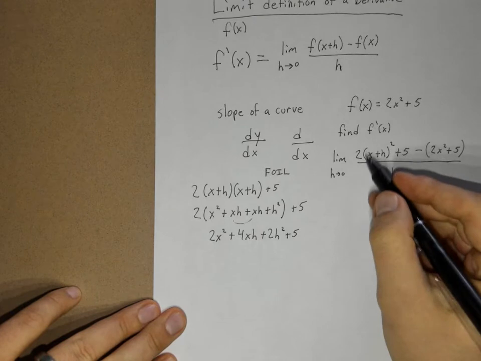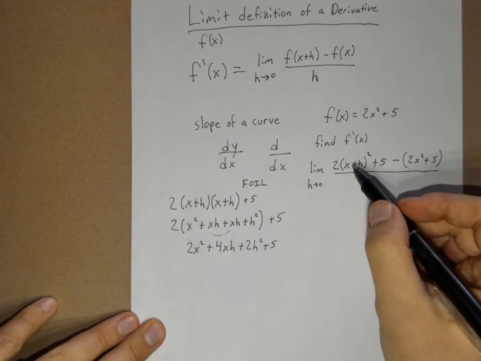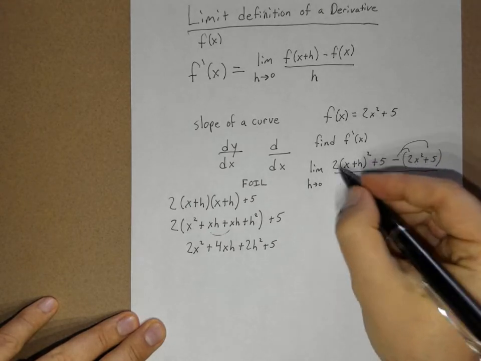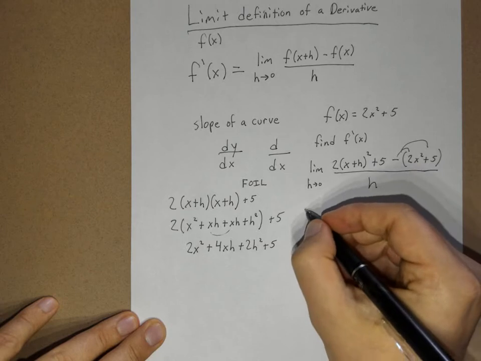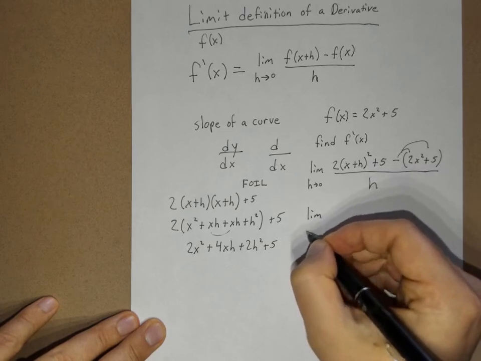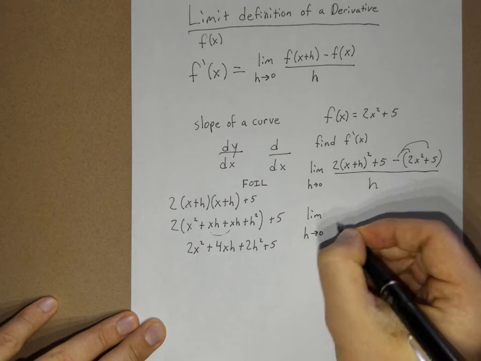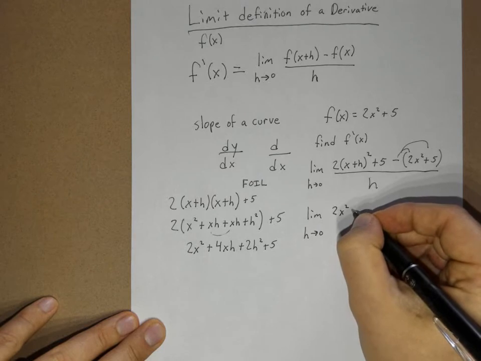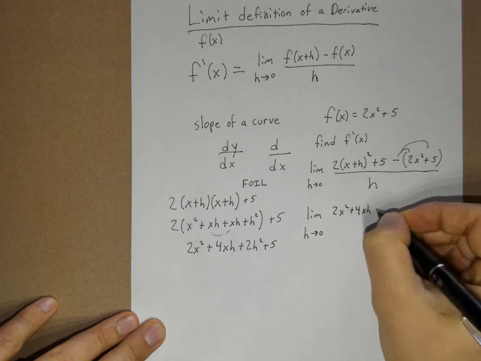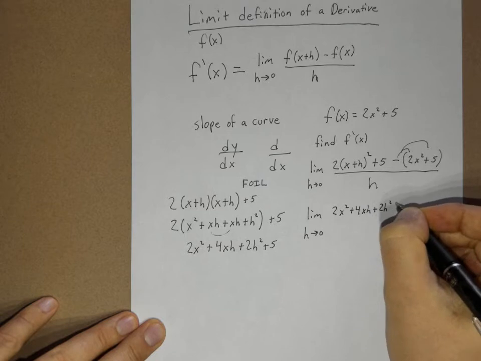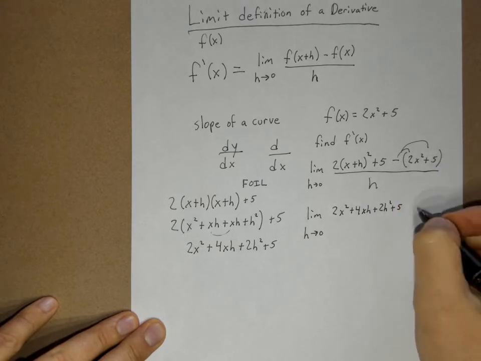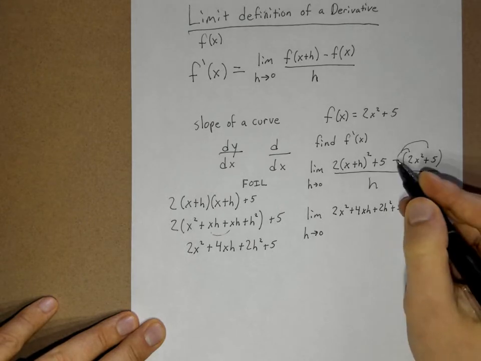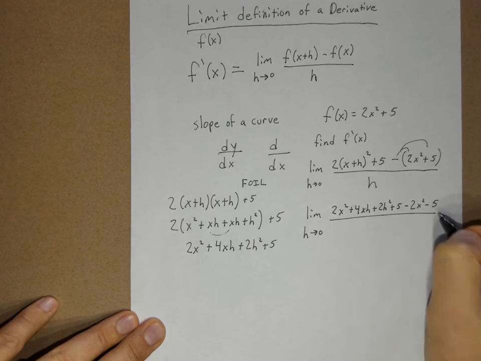Going back to the limit, I can distribute the subtraction sign, so we can rewrite this as the limit as h approaches 0 of 2x squared plus 4xh plus 2h squared plus 5, minus 2x squared and then minus 5 because of the distributing of that subtraction sign. And this is all still divided by h.